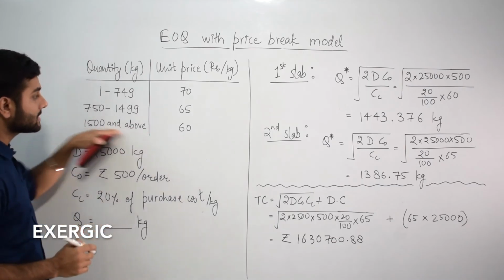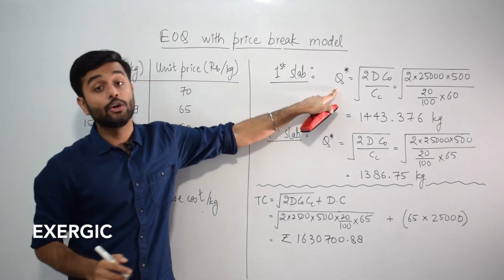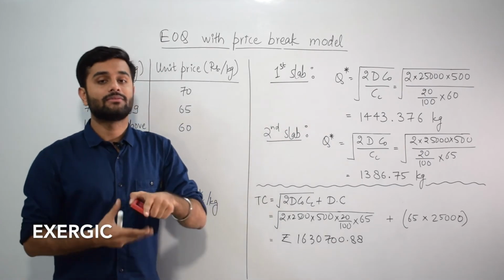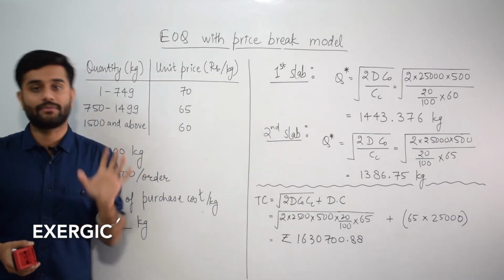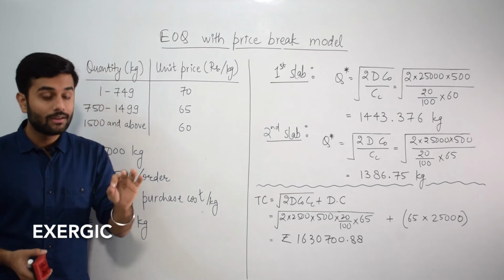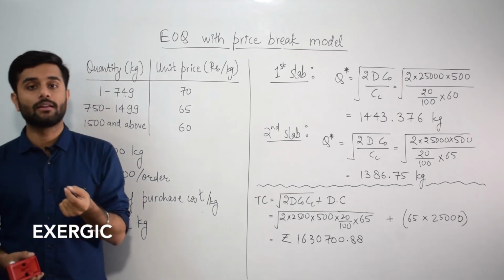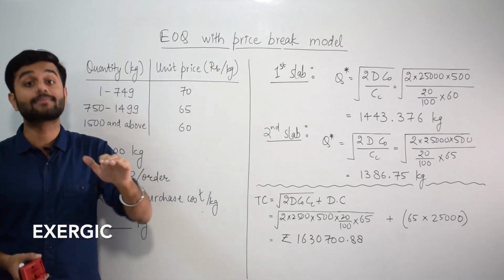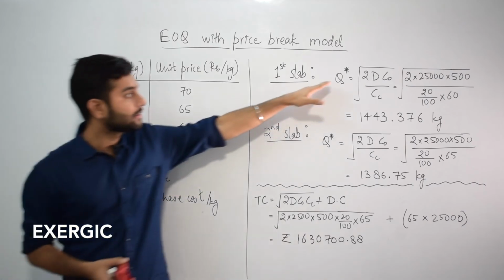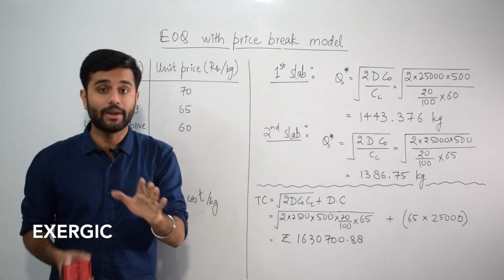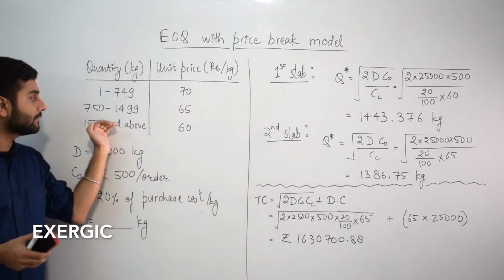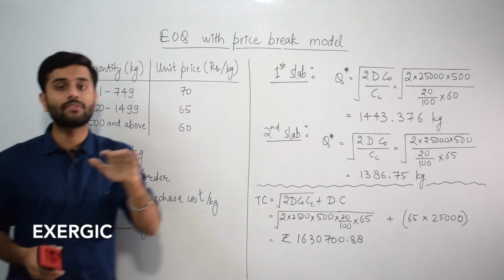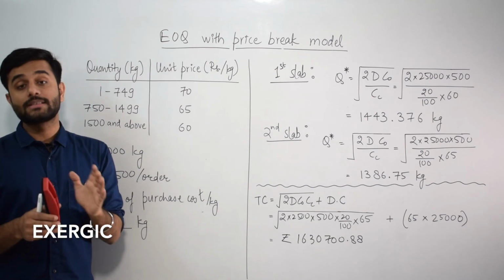For this slab, we calculate EOQ, and we will see whether the EOQ of this slab is feasible or infeasible. If EOQ for this slab is feasible, we got our answer there itself. The answer will be the EOQ for that slab. I have already explained how. But in case it's an infeasible EOQ, then we will keep moving ahead until we find the feasible EOQ.